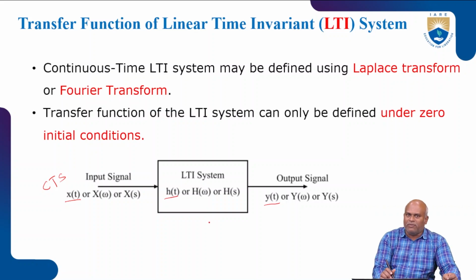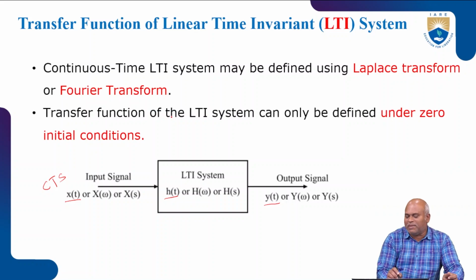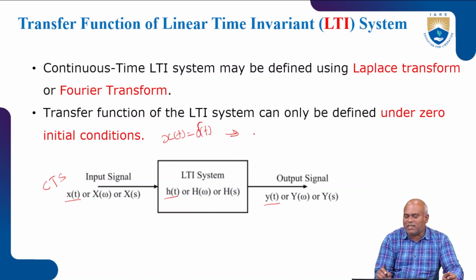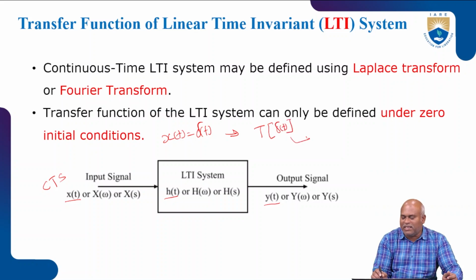How did h of t come about? If we give the input x of t equal to delta of t, the output produced is the system response, T of delta of t. This T of delta of t is called h of t.